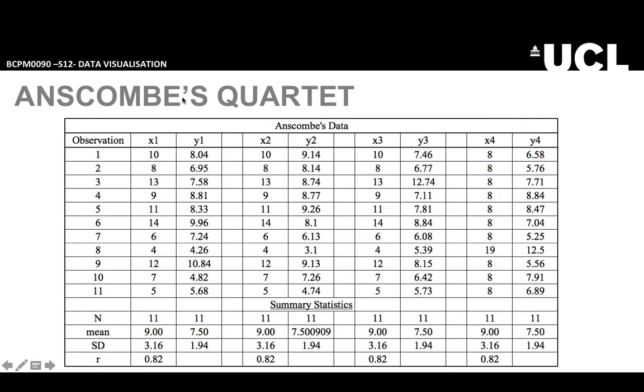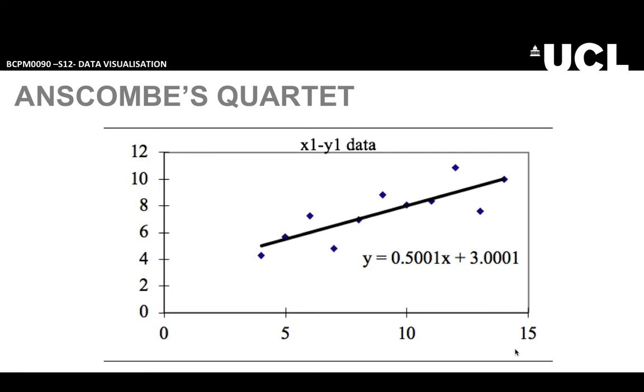But if you look at the datasets, for each one we have two variables, and if you look at the summary statistics, the descriptive statistics, in terms of population, mean, standard deviation, and R, you can observe that they are identical or almost identical.